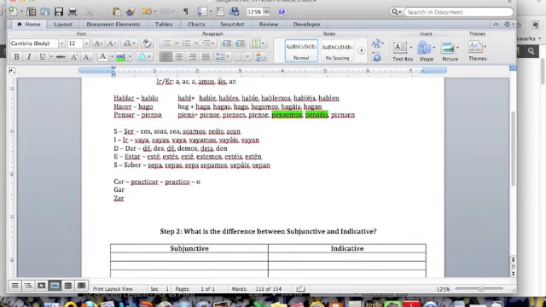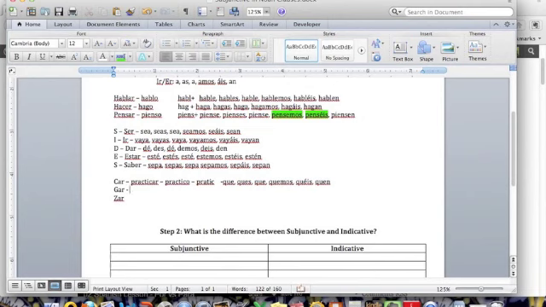Subtract my o, and then I'm going to add the opposite endings. But if I add an e to this, it'd be practice, and I don't want it to be practice. So just like in the preterite, we're going to use qu. So que, ques, que, quemos, quéis, and quen. So practique, practiques, practique, practiquemos, practiquéis, practiquen.